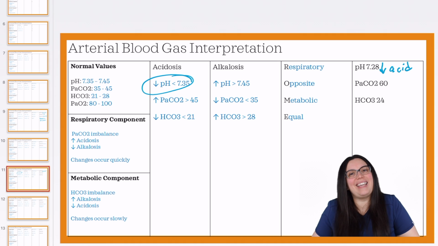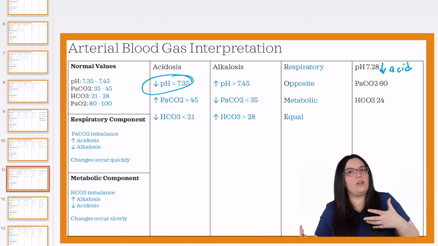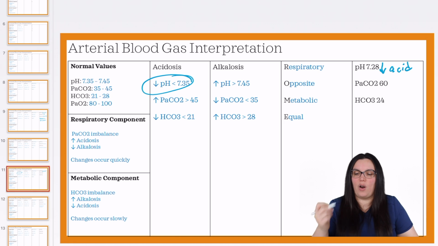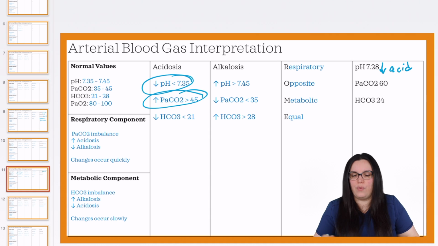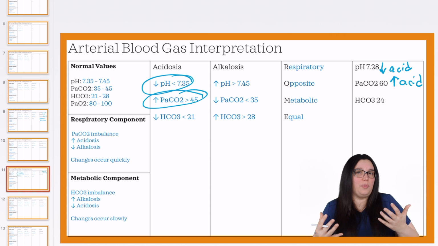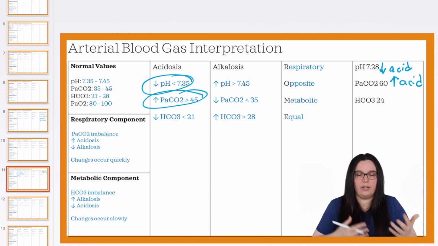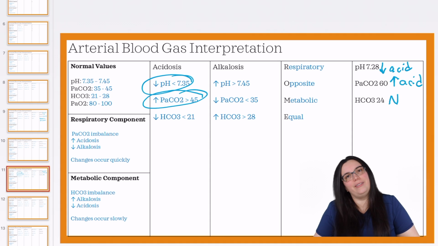Next, we look at our PaCO2. Normal PaCO2 is 35 to 45. Our PaCO2 is 60. It's greater than 45, right? So we know that we have an acid. And lastly, we look at our HCO3, and it's 24. We know that our normal bicarb is between 21 to 28, so this is actually a neutral value.